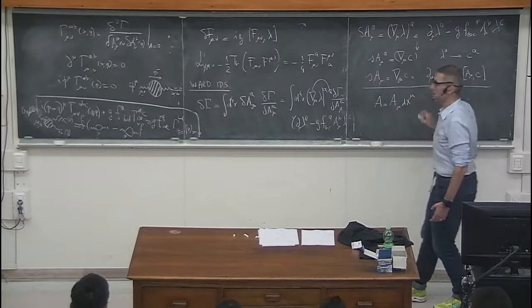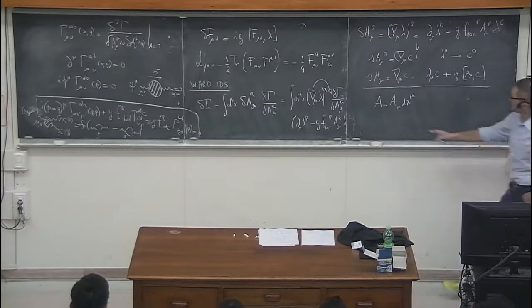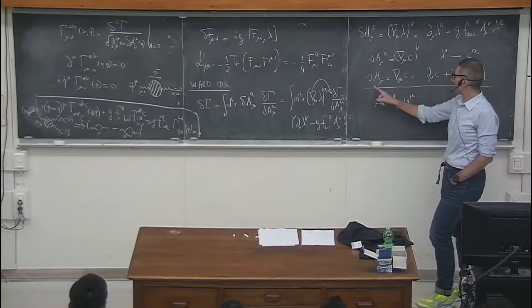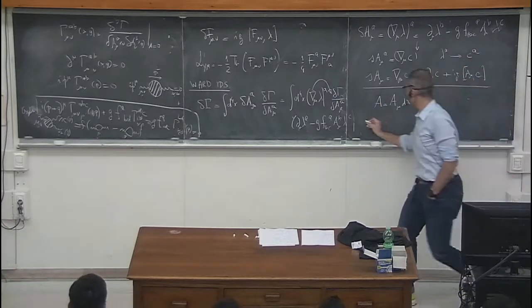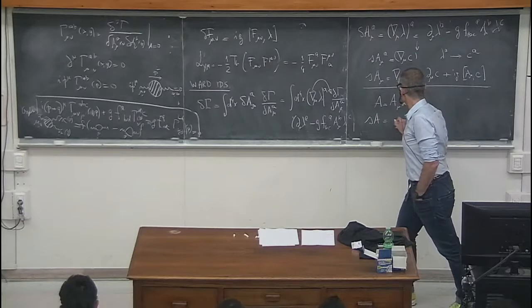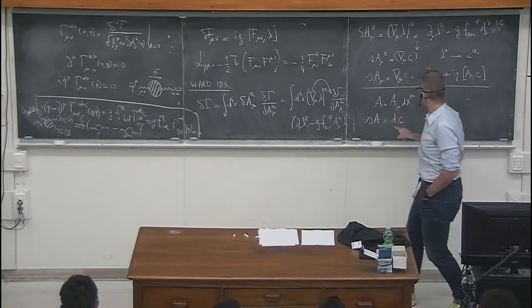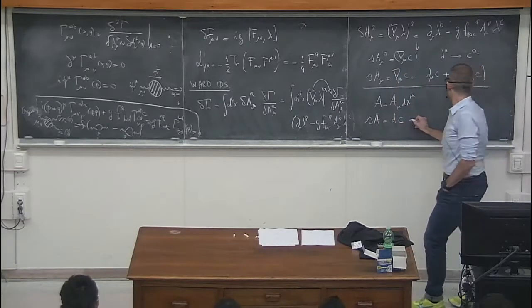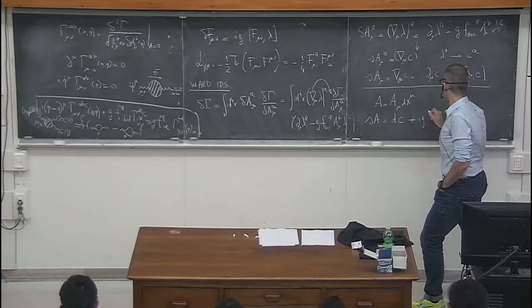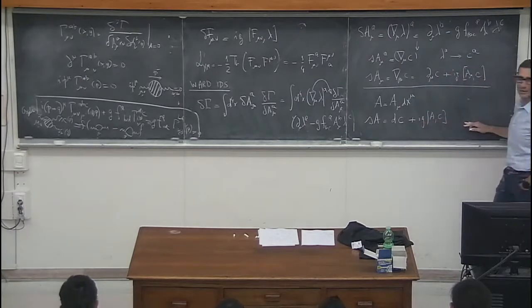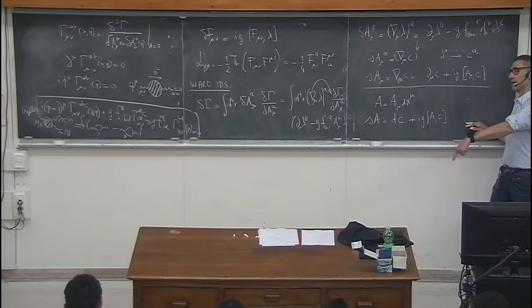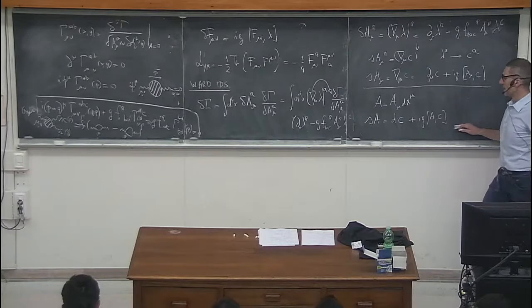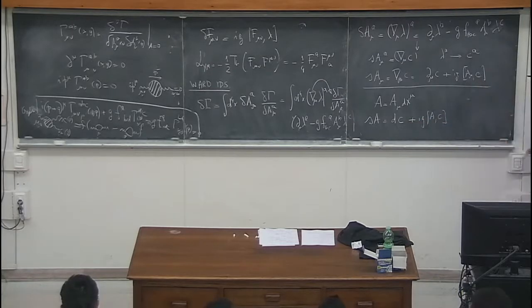If I write them as a one-form, I can rewrite this equation in this way: delta of A is equal to d of C, the usual differential, plus i g of the bracket of A and C. You see here I suppress all the indices, the Lorentz index and the Lie algebra index, and this is a purely geometrical quantity.